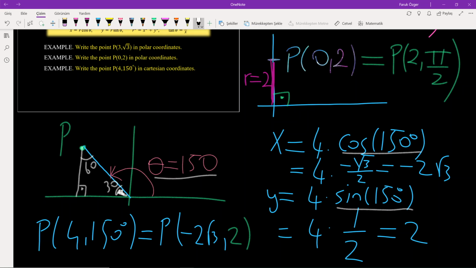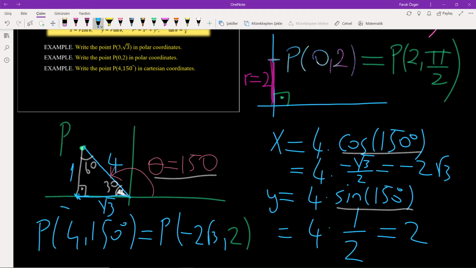It means this distance is square root of 3, and don't forget this is 4. r is given, it is 4. So you have 2 squared is equal to square root of 3 squared plus 1. This is 1, and this distance is square root of 3. What about this point?